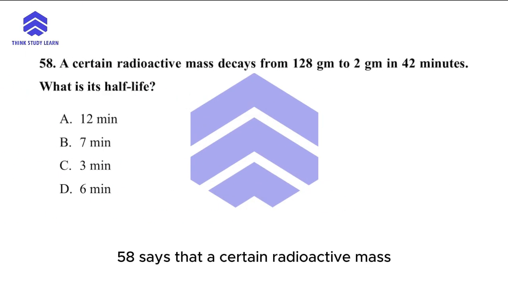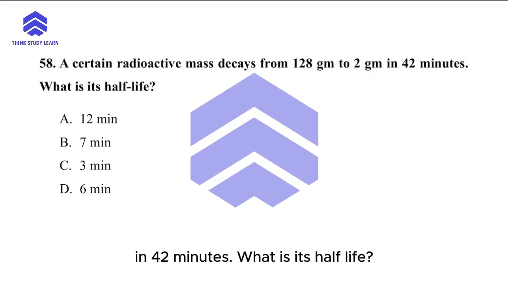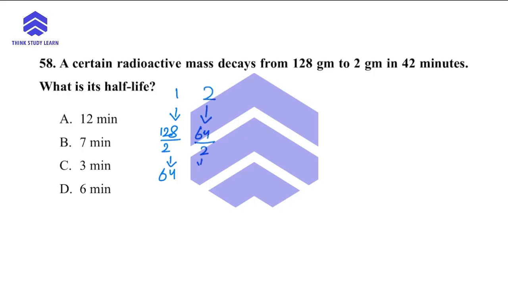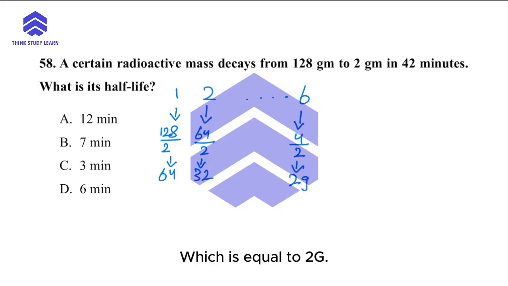Question 58 says that a certain radioactive mass decays from 128 gram to 2 gram in 42 minutes. What is its half-life? To find the half-life, we need to determine how many half-lives it takes for the mass to decay from 128 gram to 2 gram. Now, we know that after the first half-life, 64 gram will be remaining, and after the second half-life, 32, and up to the sixth half-life, we will have 4 divided by 2, which is equal to 2 grams.